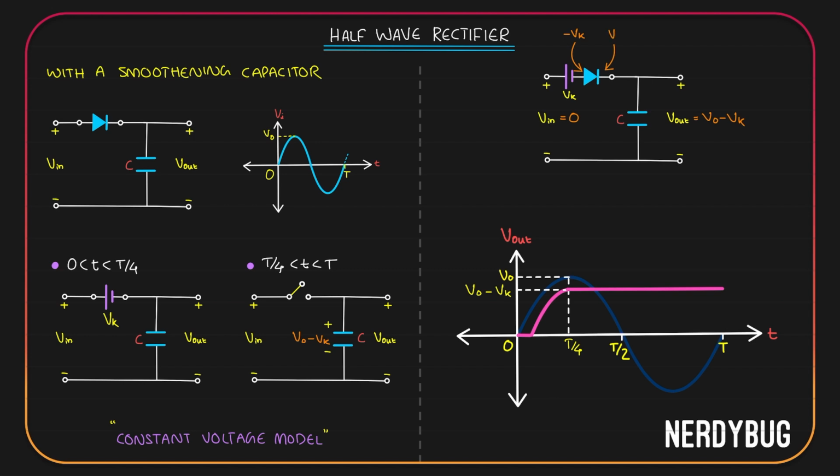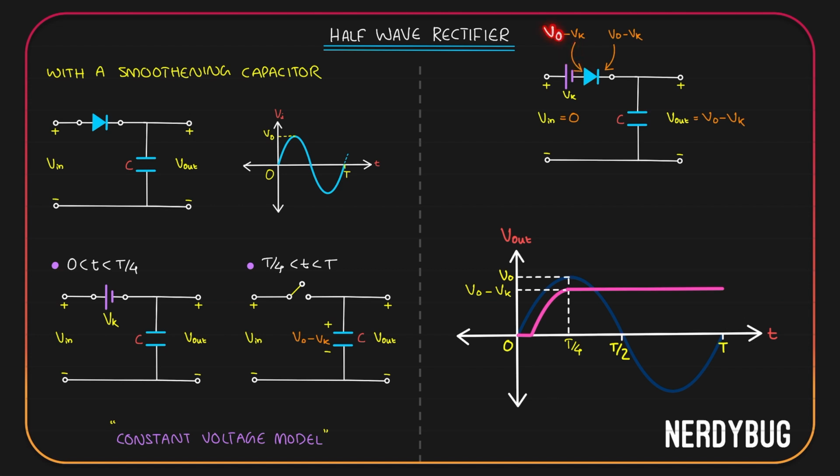It is V0 minus Vk. Now, the input is going to increase from 0 to maximum value V0. My question is, will the potential on the P side ever become greater than V0 minus Vk? No, even when Vin becomes its maximum value V0, whatever P side gets is V0 minus Vk.